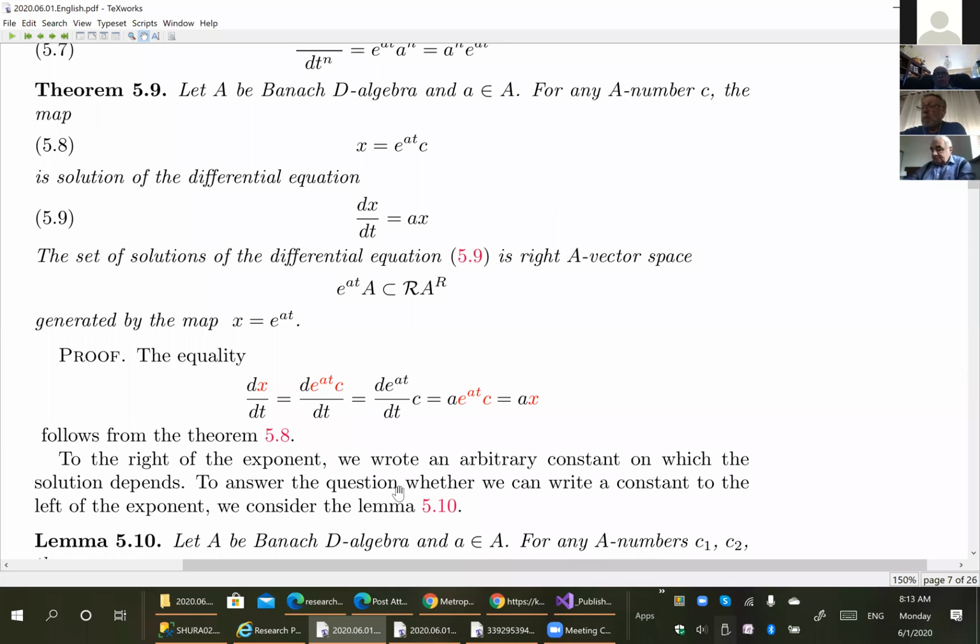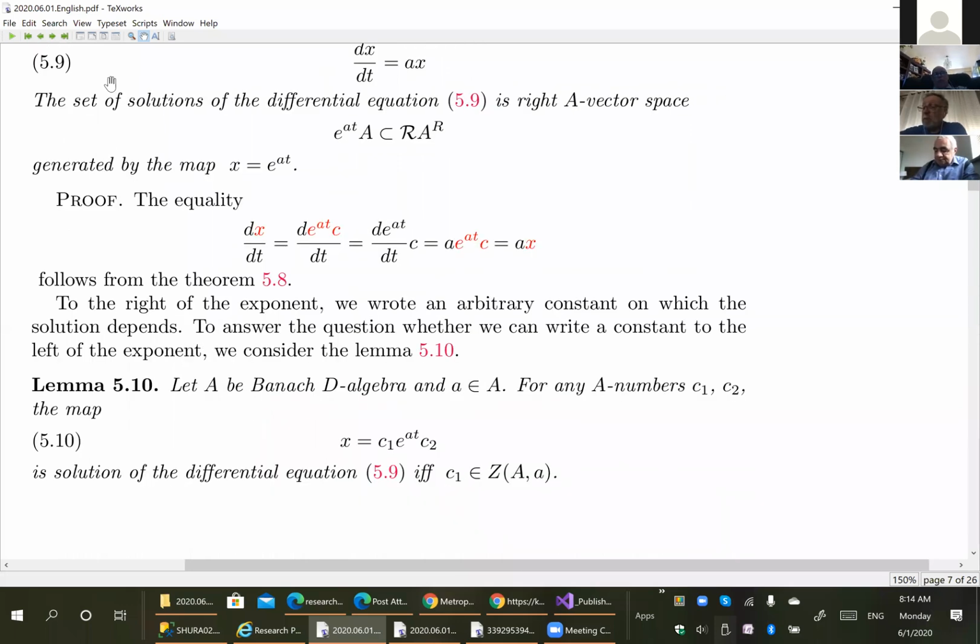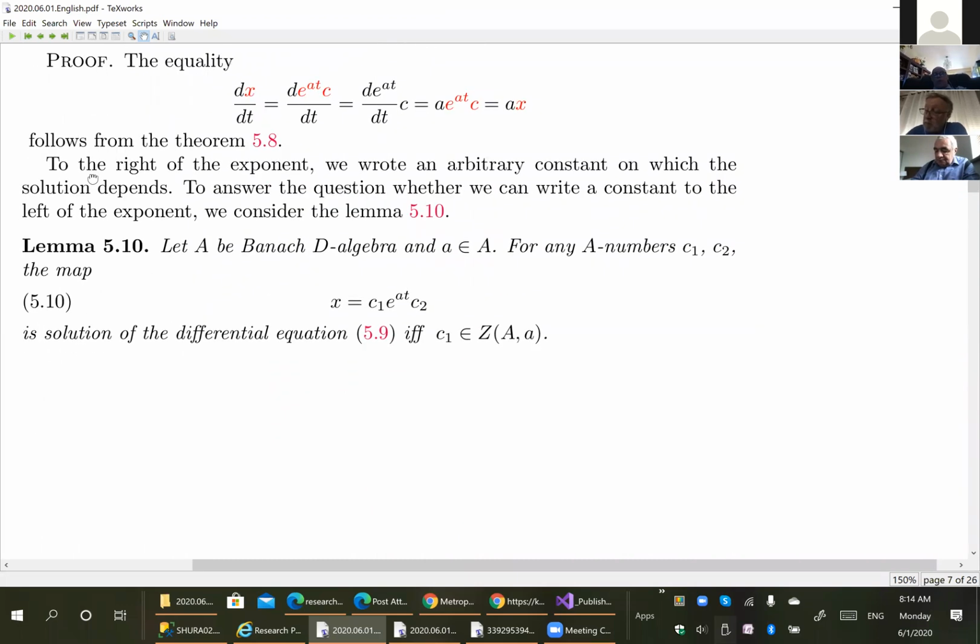To answer the question whether we can write a constant to the left of the exponent, we consider the following lemma. Let A be a Banach algebra.